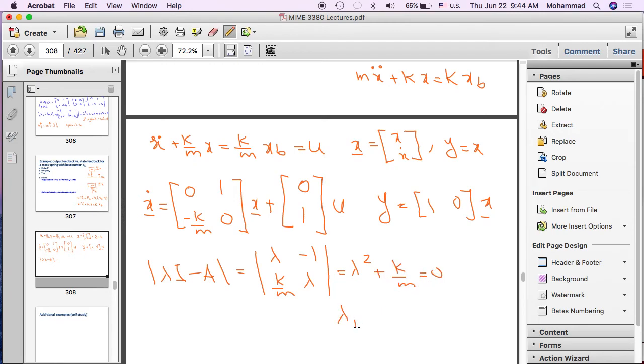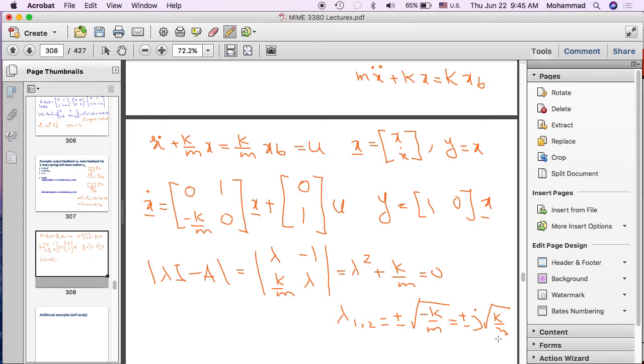So lambda 1 and 2 is equal to plus minus square root of minus k over m, otherwise known as plus minus j square root of k over m. So you have two poles, and they're imaginary, plus minus j times a number.